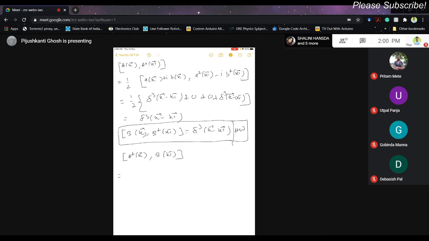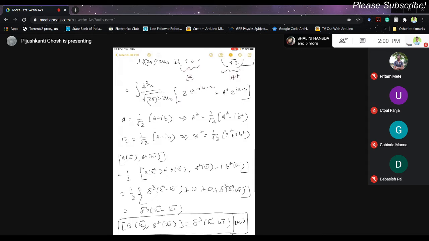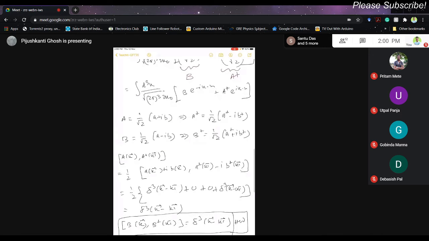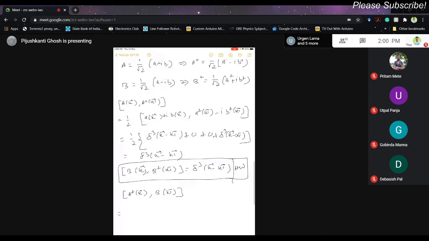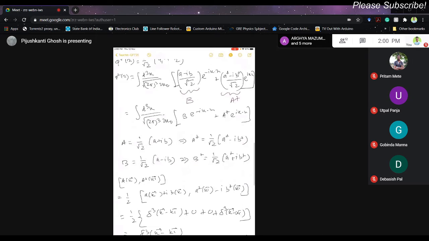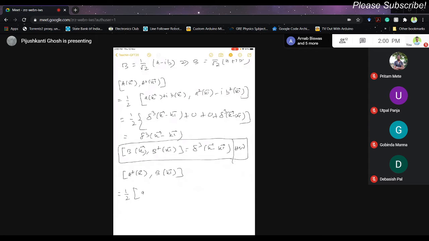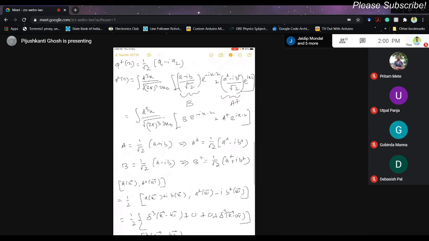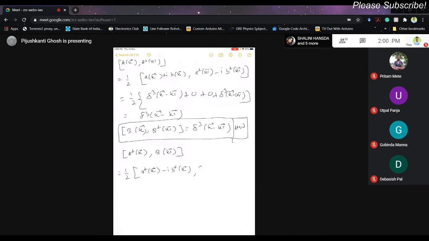A dagger is 1 by root over 2 (a dagger minus i b dagger), and B is 1 by root over 2 factor from both the terms. A dagger_k is a dagger_k minus i b dagger_k, and what did it ask to do with it? B_k prime, a_k prime minus i b_k prime. Clear?